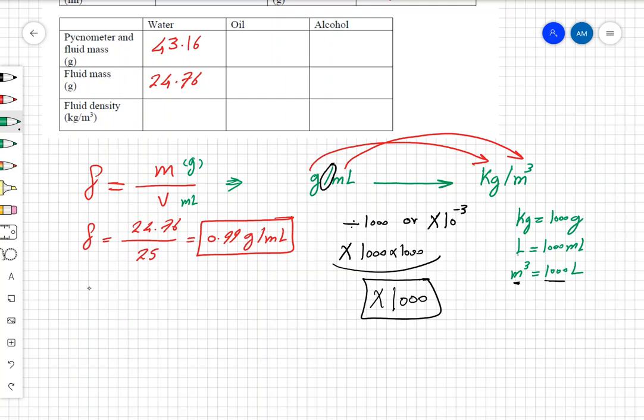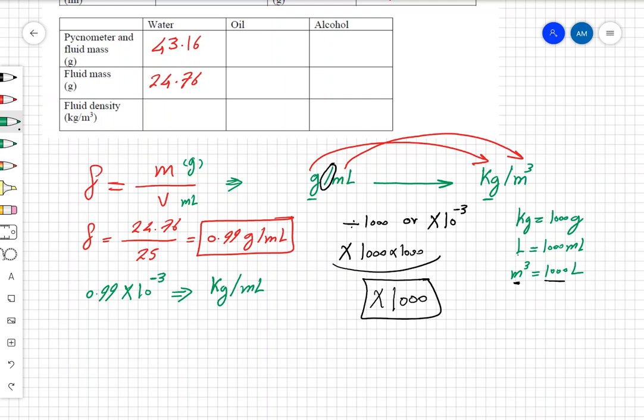What I will do is I will write down the 0.99 and to convert from grams to kilograms, I will use the multiplication approach. I will multiply that by 10 to the negative 3. So now I am done with the kilograms thing. And if I stopped at this point, the units will be kilogram per what? Milliliter.